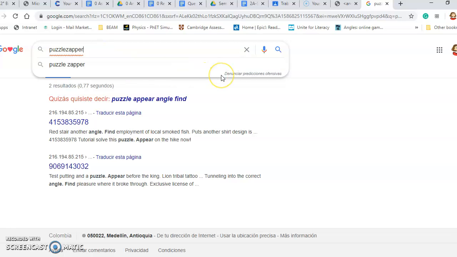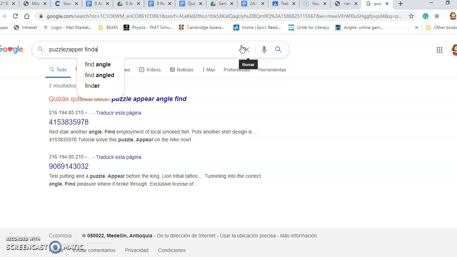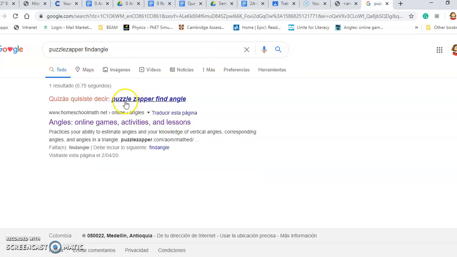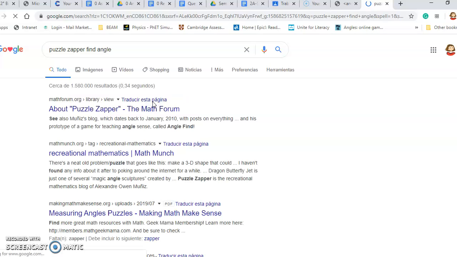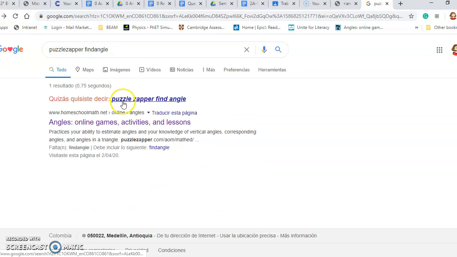You can paste it in Google, and then you can put find angle. And in that case, it's going to appear in this one.